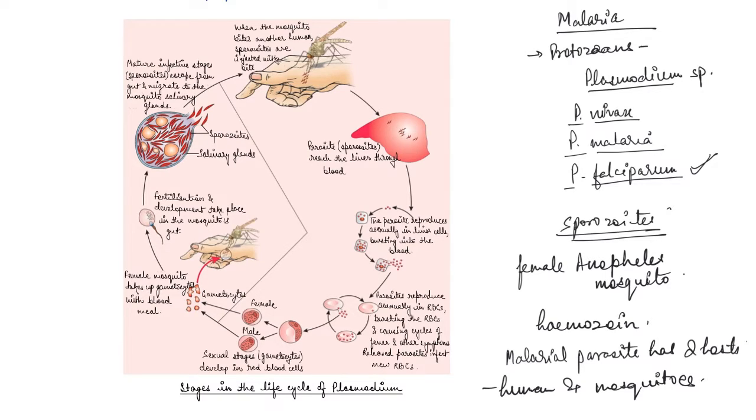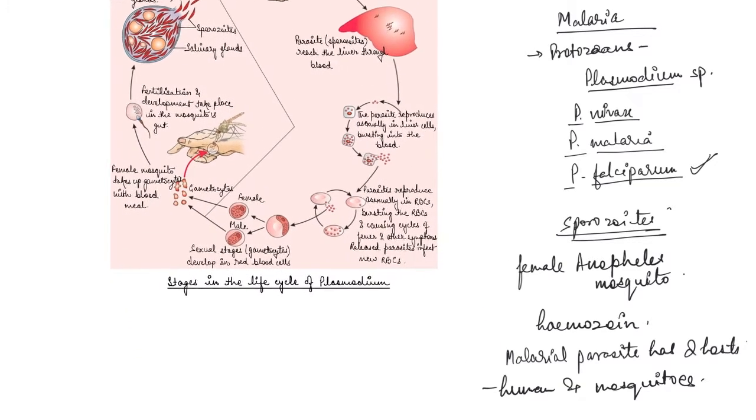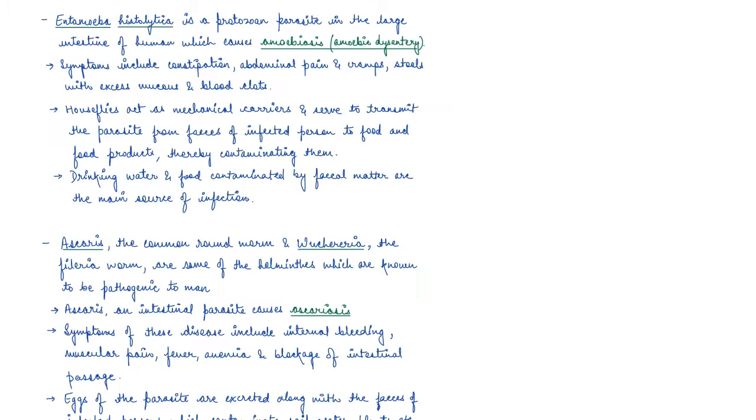Now the next disease that we are going to study is amoebiasis. So basically, Entamoeba histolytica again is a protozoan.